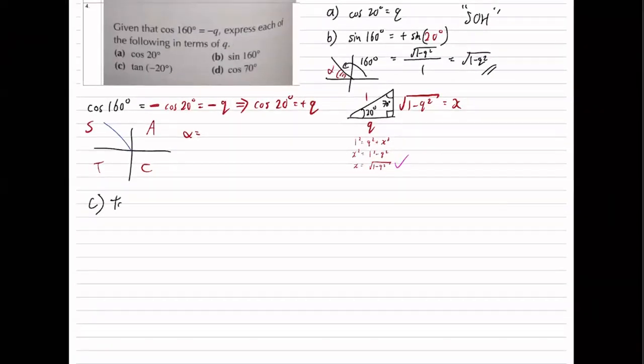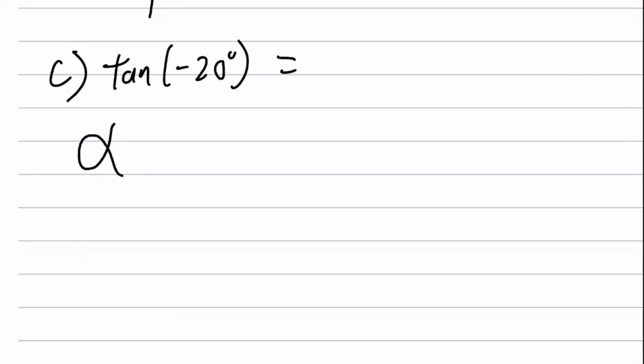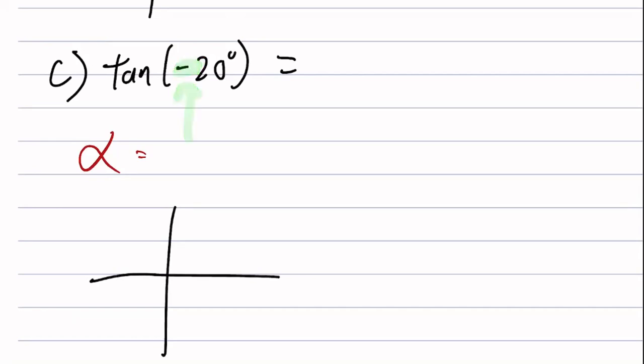How about tangent of negative 20 degrees now? Same trick. Find your little fish, alpha. Alpha reference angle, acute angle. Or you could use the special identities you know. Do you recall the special identity?